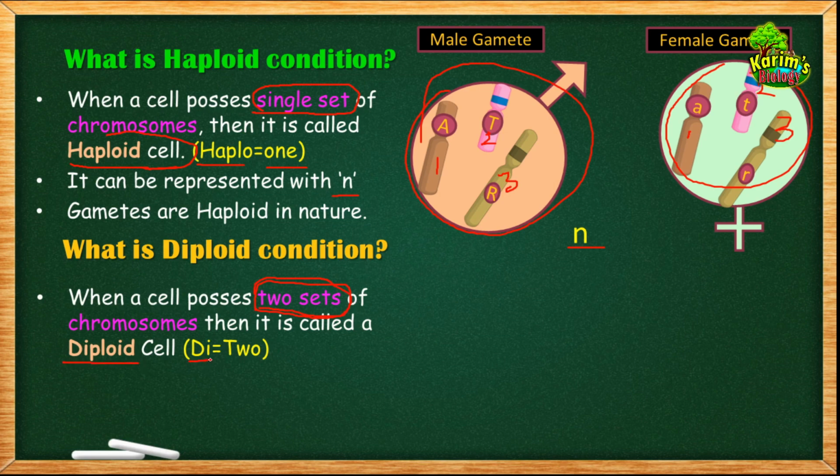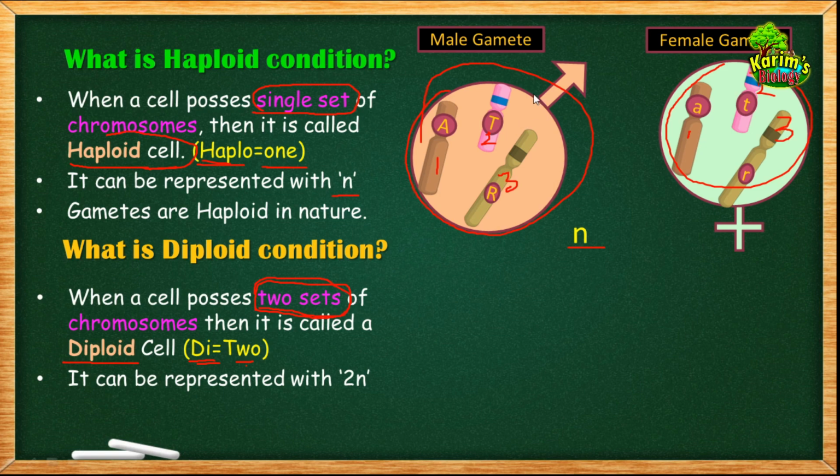So here di means 2, whereas haplo means 1. Don't confuse these two words. Di means 2. That's why these cells, as they contain 2 sets of chromosomes, are considered diploid cells. And diploid cells are represented with 2n. And remember, for the formation of diploid cells, there must be 2 sets of chromosomes.